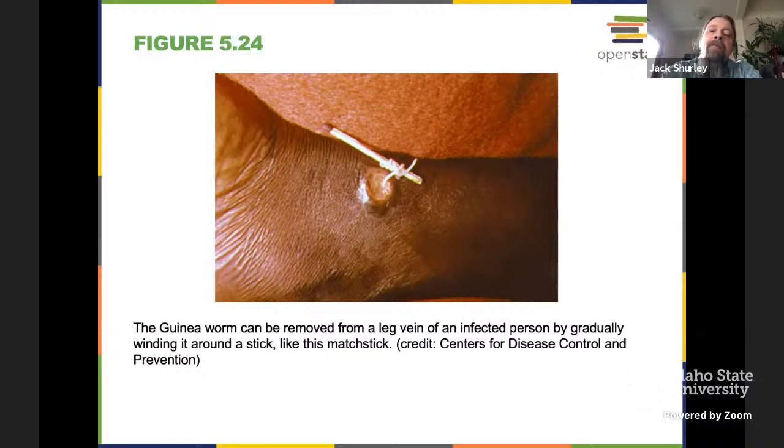We get infected by typically drinking water that is contaminated. Within that water is a type of organism. We call it a copepod, but really that's just a developmental stage of an invertebrate. So typically maybe a type of juvenile arthropod, something like that.